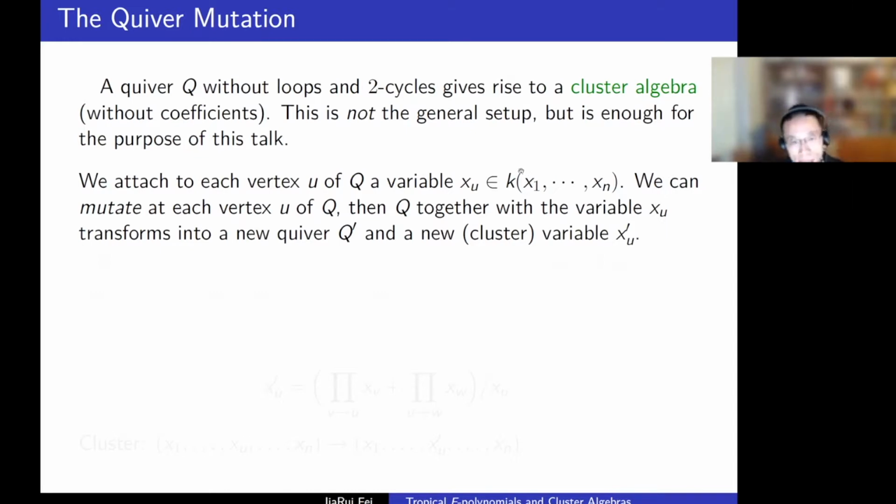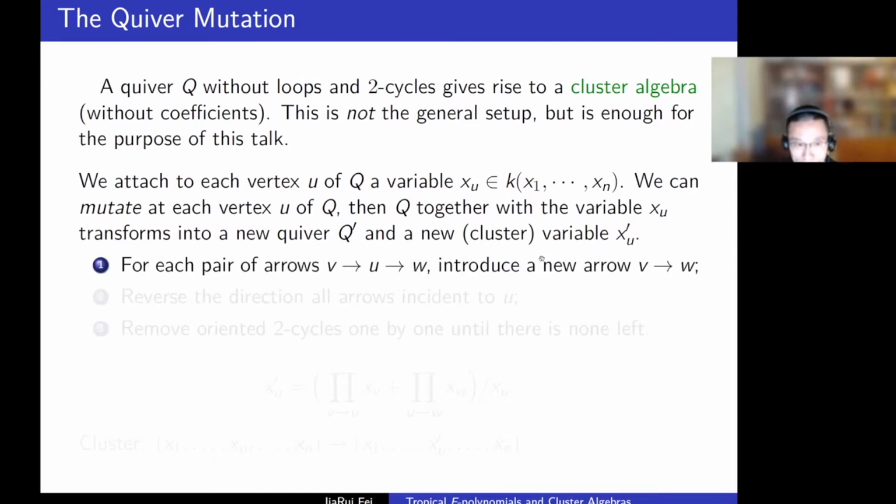Then we can mutate at each vertex of the quiver. That means we are going to change the quiver into a new quiver, and the variable attached to the vertex into a new variable. The procedure is the following.